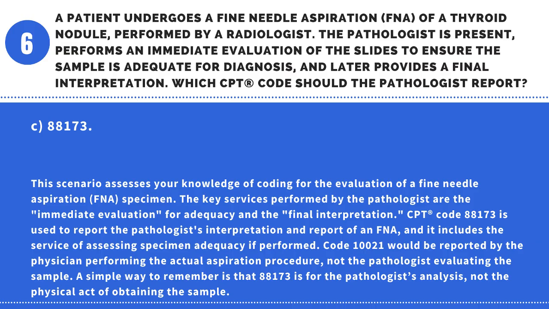Answer: C. 88173. This scenario assesses your knowledge of coding for the evaluation of a fine needle aspiration, FNA, specimen. The key services performed by the pathologist are the immediate evaluation for adequacy and the final interpretation.